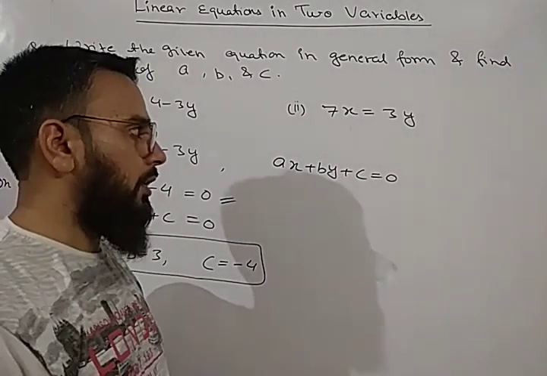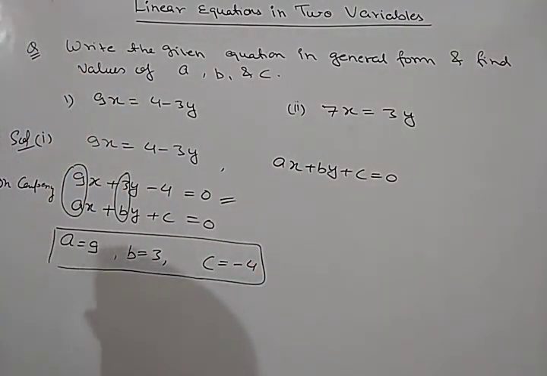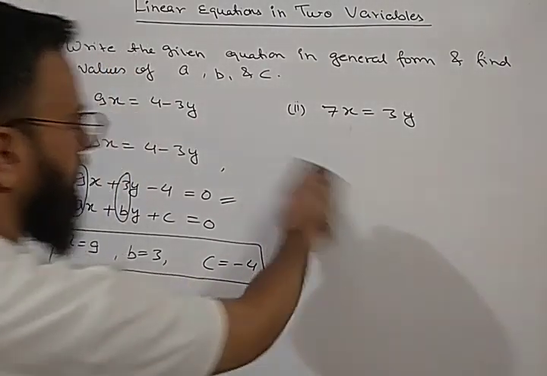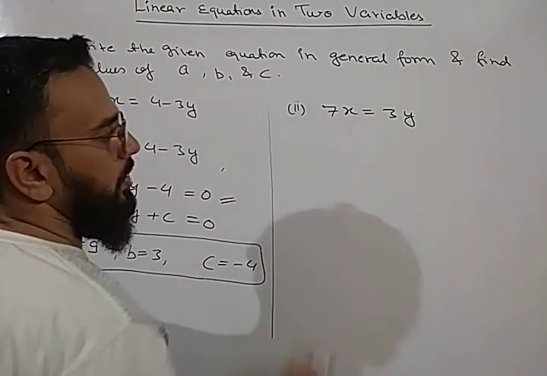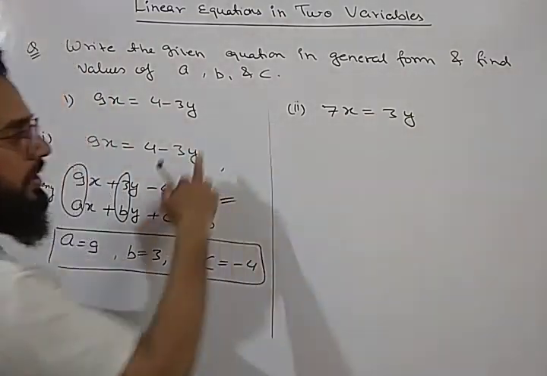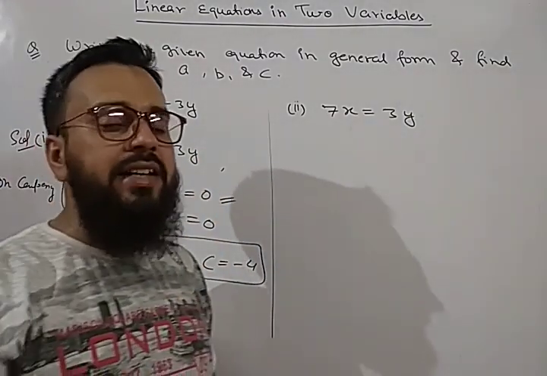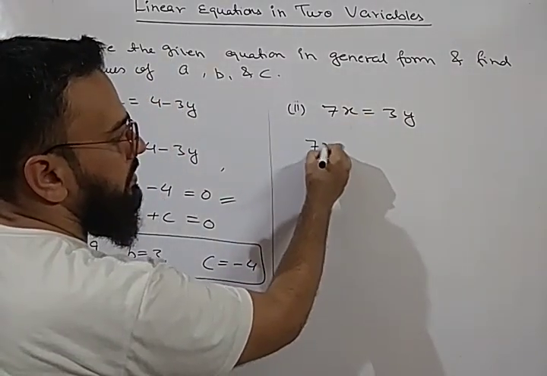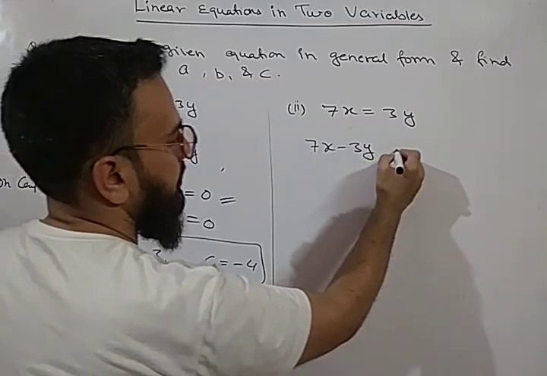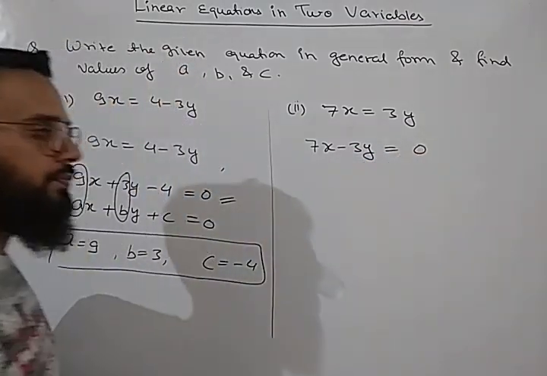Now similarly you can solve the second part also. In the second part, it is given 7x is equal to 3y. So we know in the general form, the right hand side is always 0. So we will take this 3y to the left hand side. We will get 7x minus 3y is equal to 0.